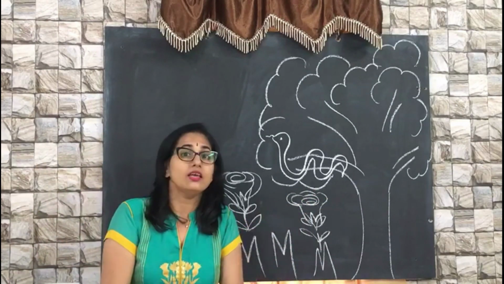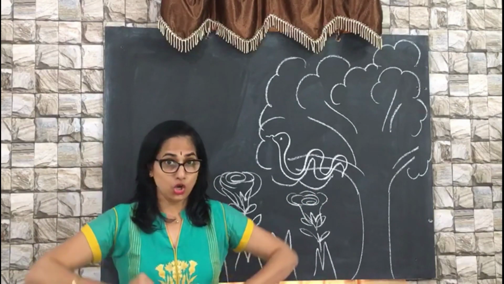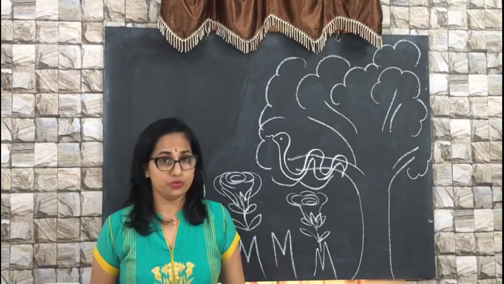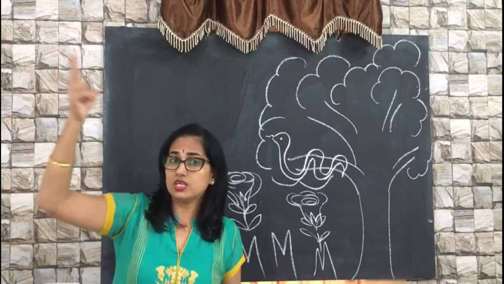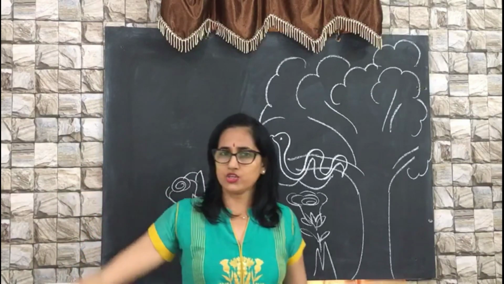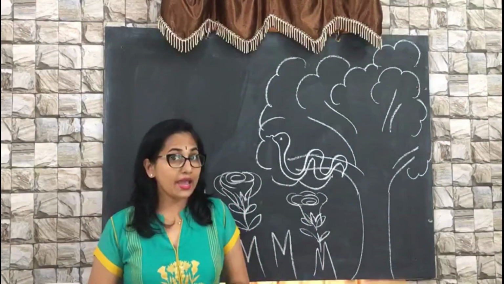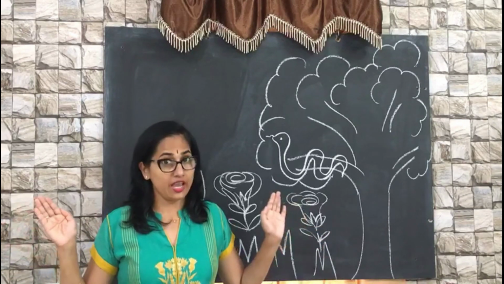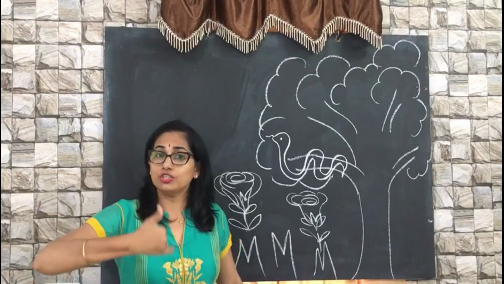E is for elephant. Elephant. F is for fish. Fish. G is for gun. Gun. H is for hat. Hat. I is for igloo. Igloo. J is for jug.